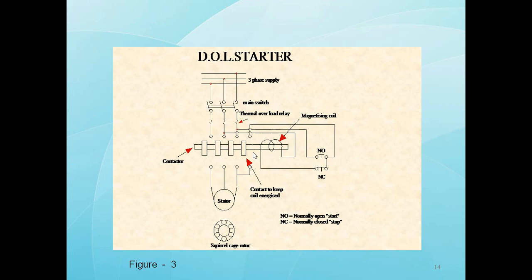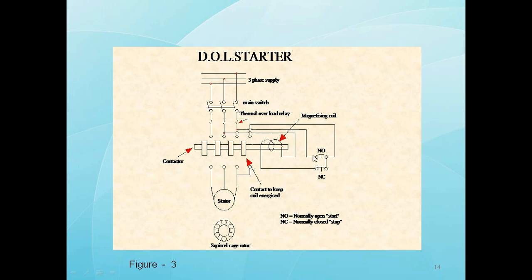So when you press the on button, where is the on button? This is open. As I told you, the on button is always open, and if you press this one, then what happens? It closes this contact.